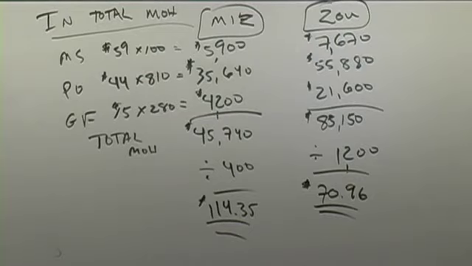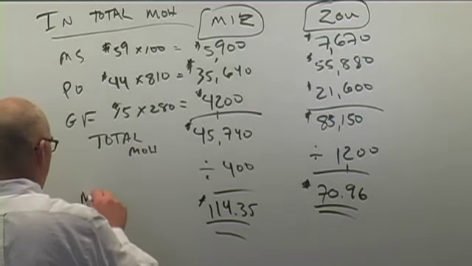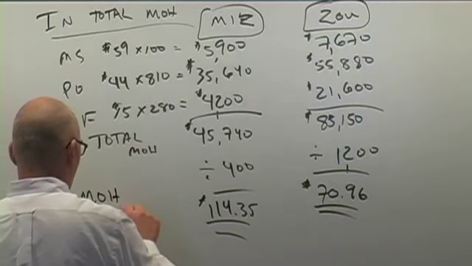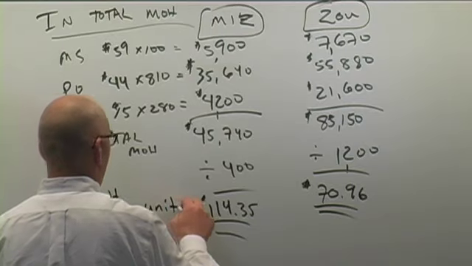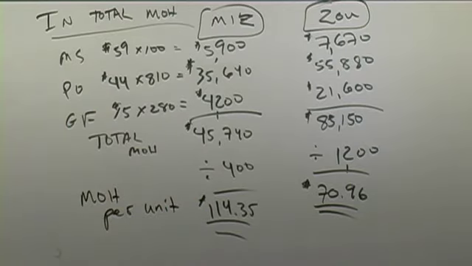I suppose it's manufacturing overhead cost per unit. Precisely correct. That is manufacturing overhead cost per unit. Outstanding.